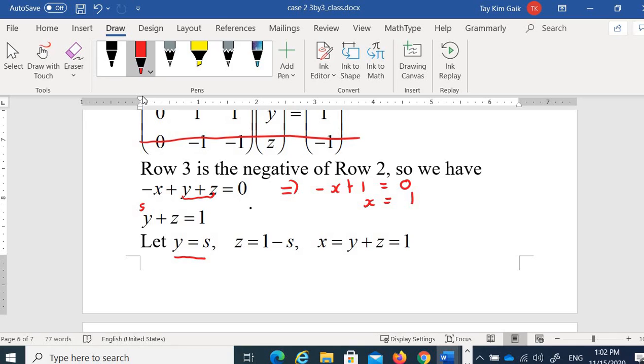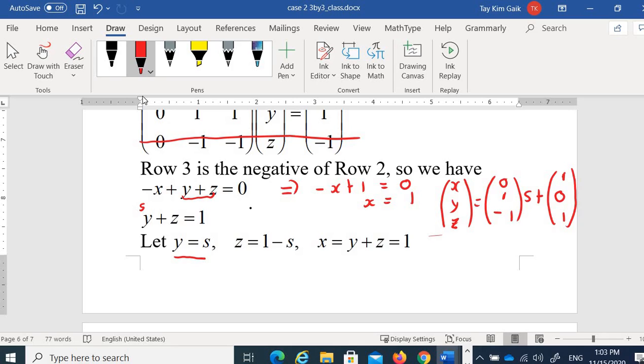Okay, so now you have your x, y, z. x doesn't have s. So this s, we define into a vector dependent on s and a constant. x is only the constant value 1. y is 1s, no constant. z is actually 1 minus 1s.